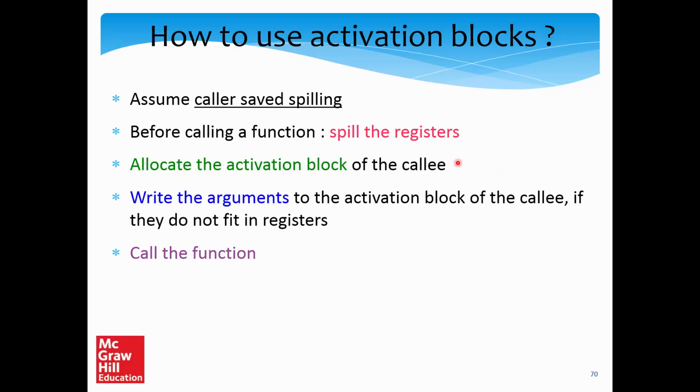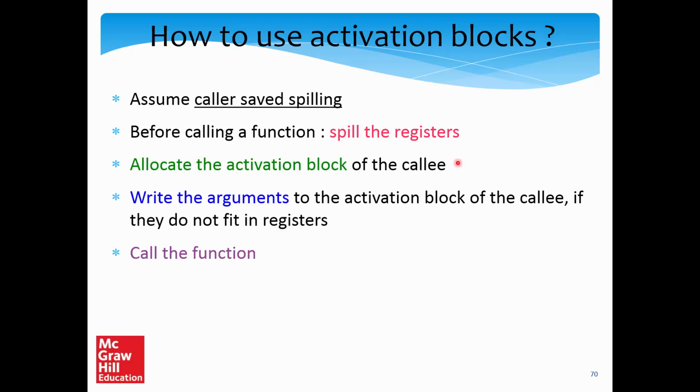So how do we use the activation blocks? Let's say that we have caller saved spilling. So before calling a function, we spill the registers. Then we allocate the activation block of the callee. We write the arguments to the activation block of the callee. If there are one or two arguments, they can always be passed via registers.